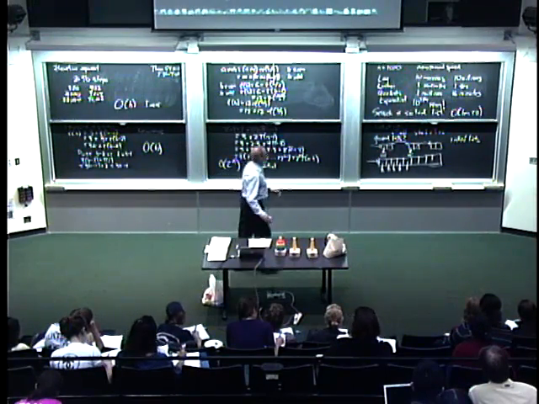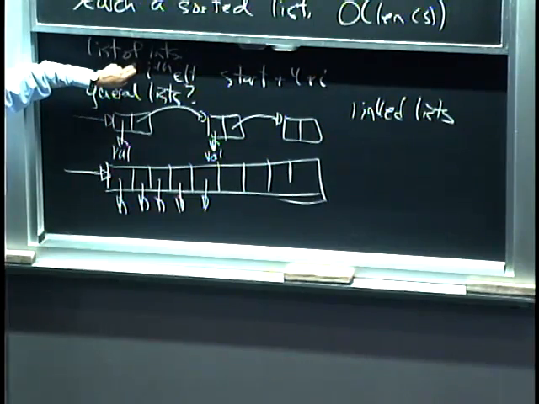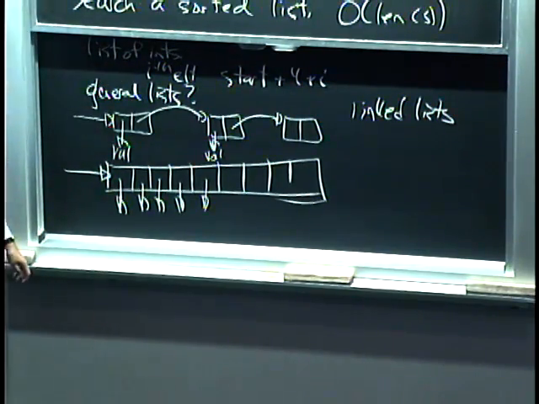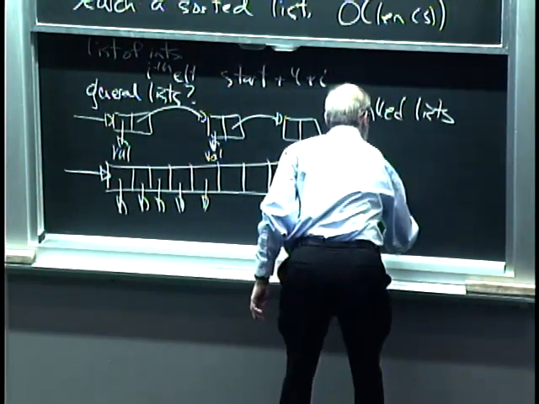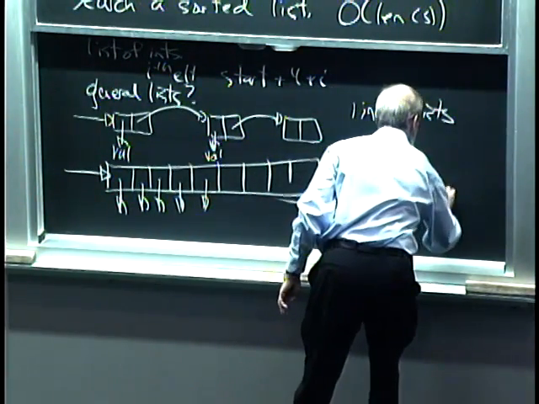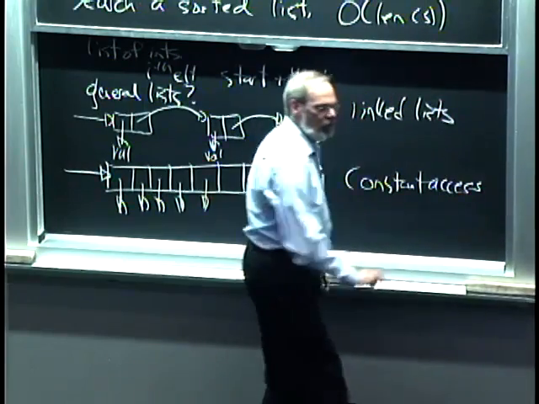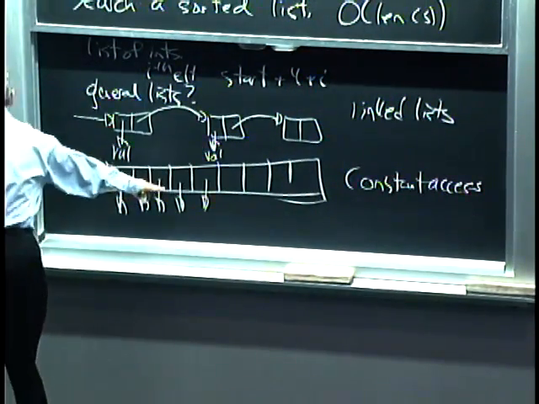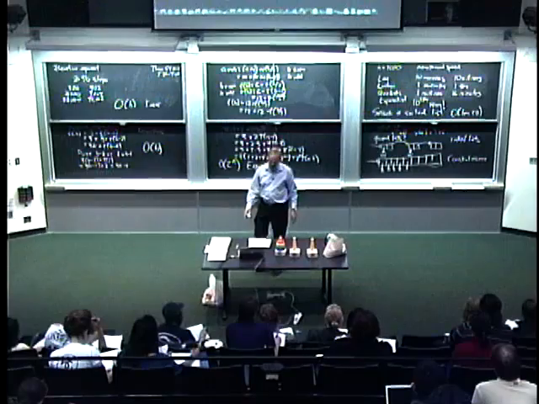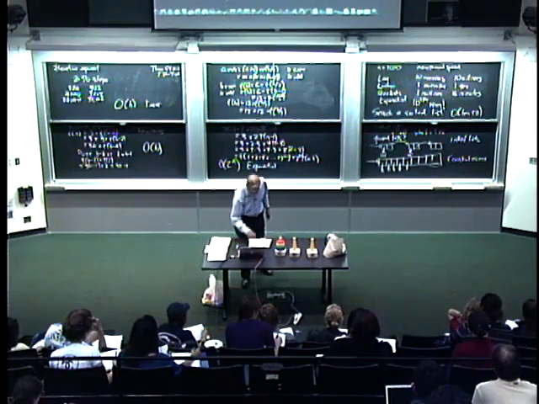In that case, I'm back to the earlier situation, and as a consequence, access time in the list is constant, which is what I want.